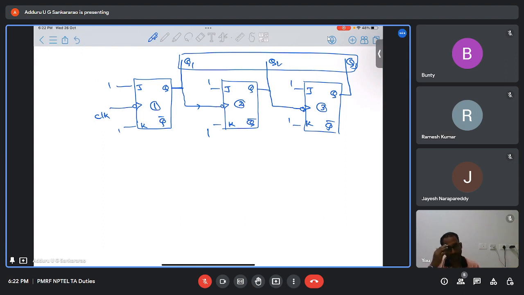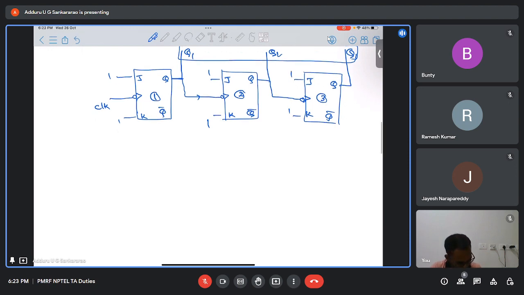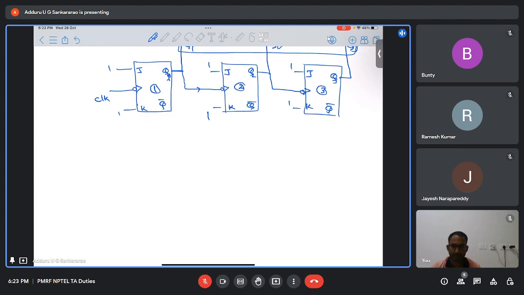Now, how the states will change: if they are not in toggle mode, we won't get the state change. Let us see that. Let's say these are Q1, Q2, and Q3. Can somebody tell me when the output of the first flip-flop toggles?